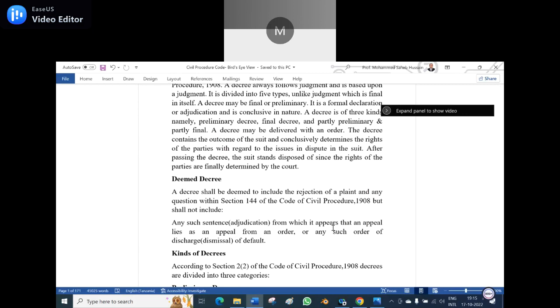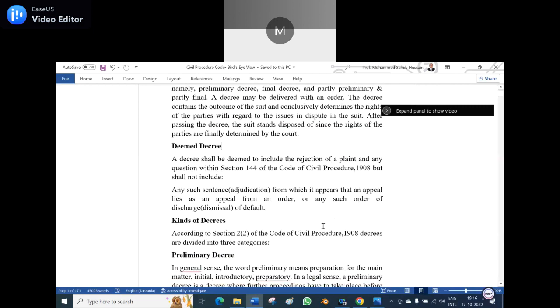So a decree is deemed to include the rejection of a plaint, and regarding section 144 of the Code of Civil Procedure. Then what shall it not include? Let us see. Any such sentence or adjudication or disposition from which it appears that an appeal lies as an appeal from an order, or any such order of discharge or dismissal for default.